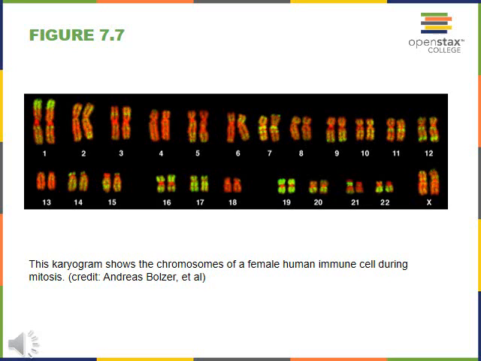I can run down the line of 1 through 22 and see that they're all uniform. It doesn't look like any of the genes or the alleles are out of place, and so we have this nice healthy person with no genetic defects. And then of course it also has the sex chromosomes listed, which are technically your 23rd chromosomes.